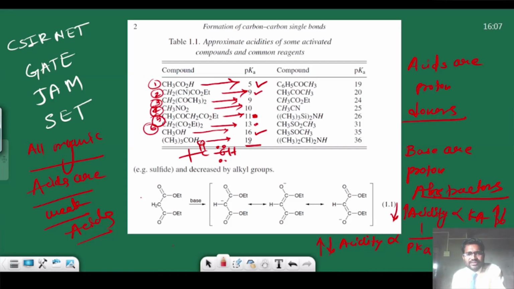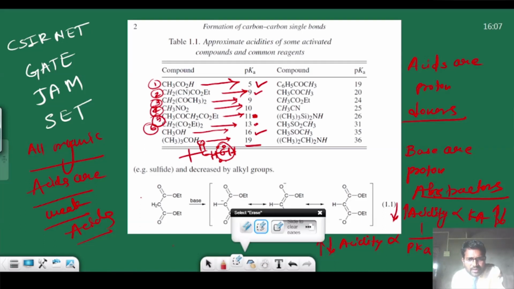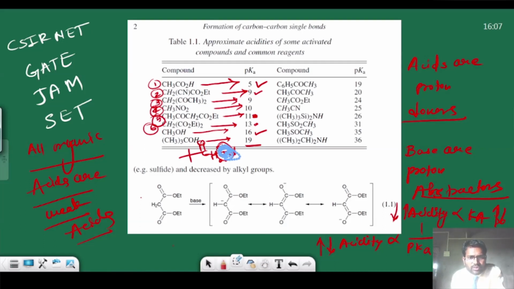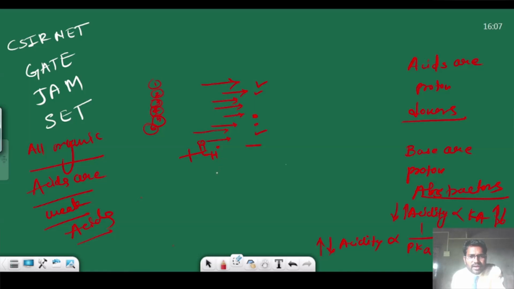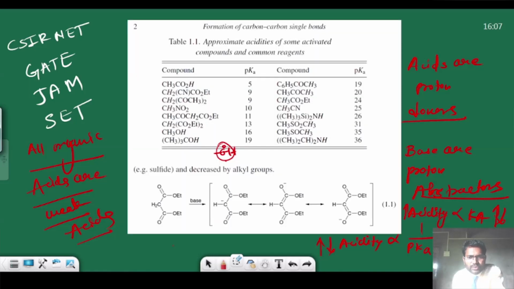So this is less acidic as compared to methanol. Sorry, this is not a pyruvic acid. This is an aldehyde molecule. Got the point? Okay.